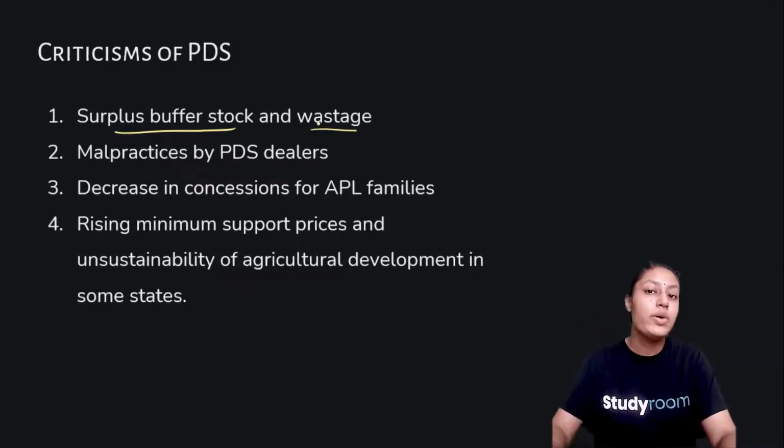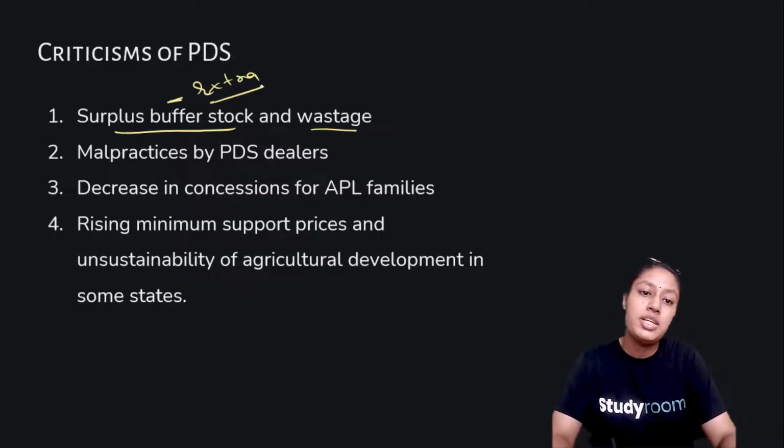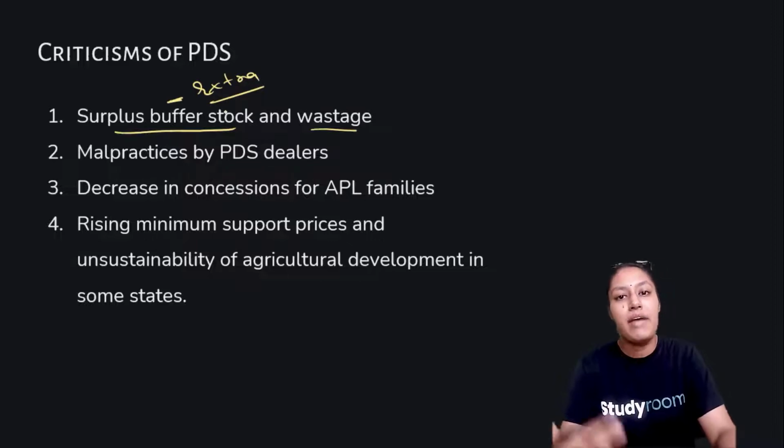We always had more than required. The distribution system has not been a very smooth system, but again, there was always extra. Buffer means extra, buffer means surplus. Buffer stock means having surplus stock.